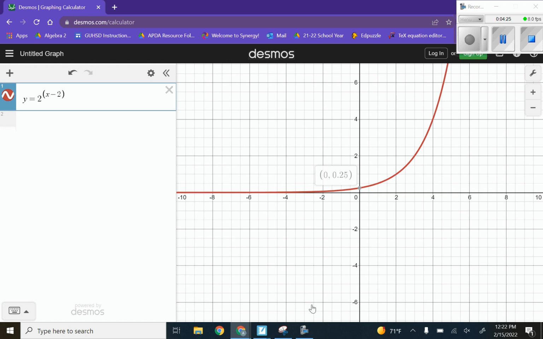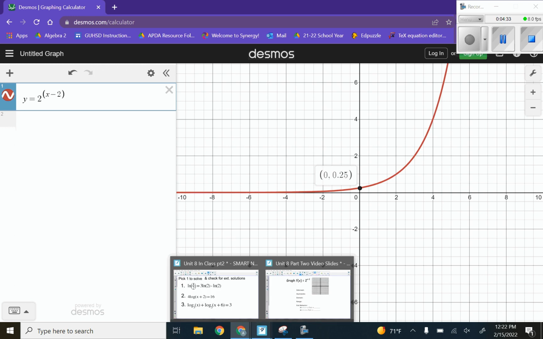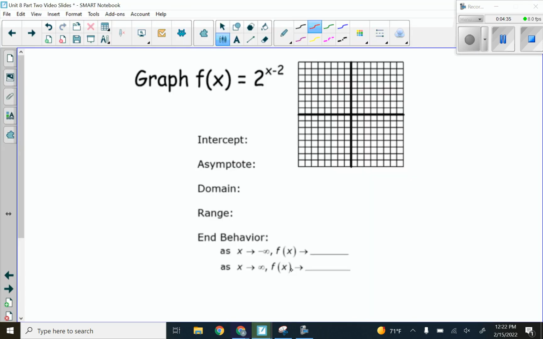And now our intercept changes to 0, 0.25. So not quite 1.